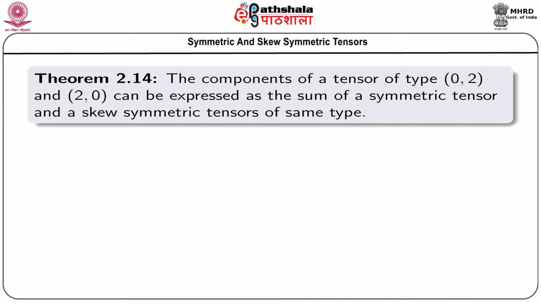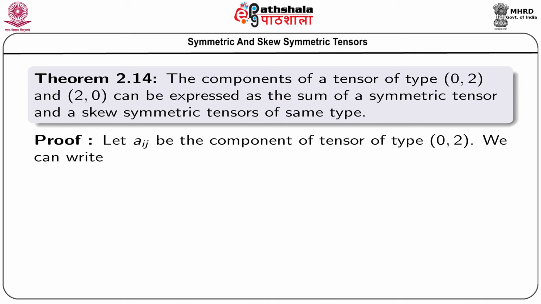Now, there is a theorem that the components of a tensor of type 0 2 and 2 0 can be expressed as the sum of a symmetric tensor and a skew symmetric tensor of the same type. For the proof, we give the outline. It is a very easy proof, and we have done it for matrices also. So, let Aij be the component of a tensor of type 0 2.